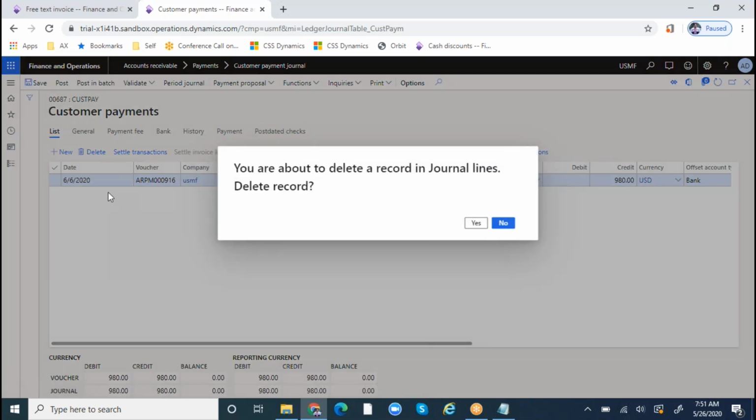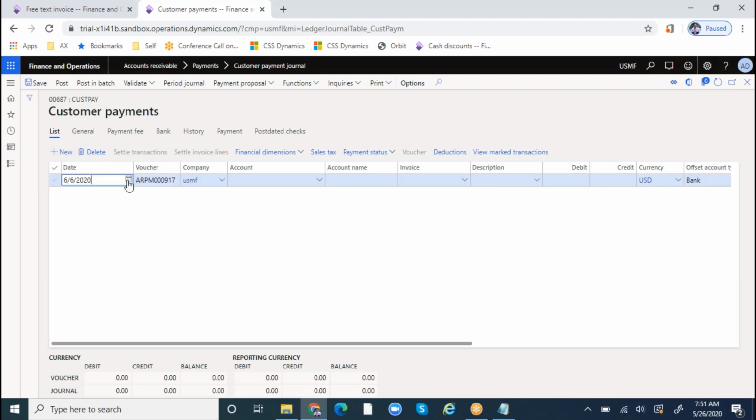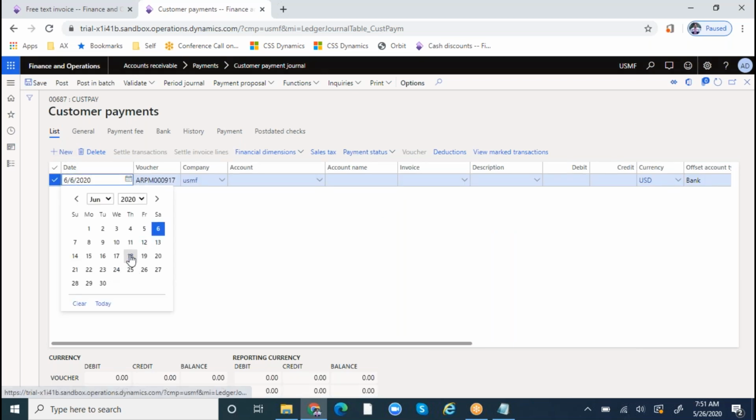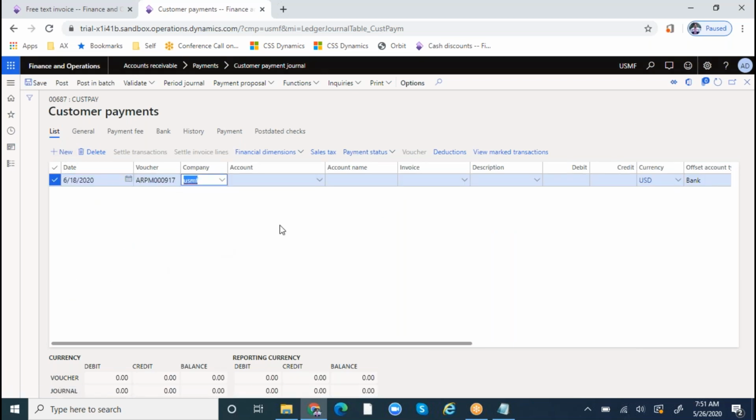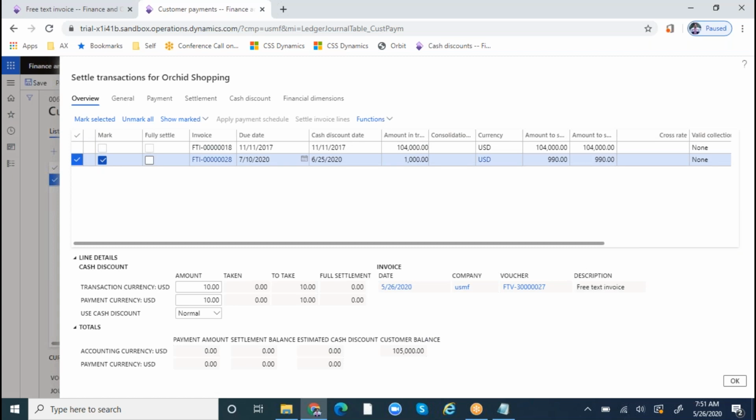Customer is paying on 18th of June. Settle transactions. Now if you select, see, it is showing clearly the discount amount.